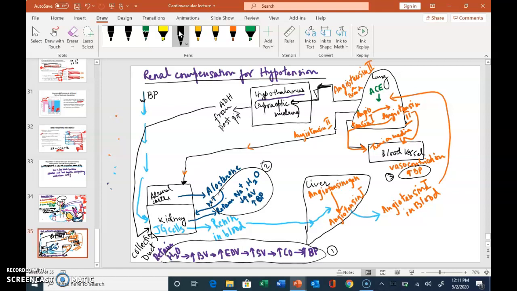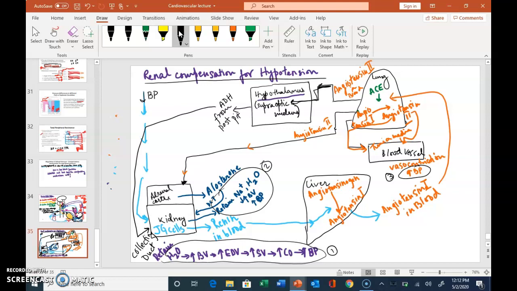Angiotensin 2 first works on the hypothalamus, specifically the supraoptic nucleus, and that causes the posterior pituitary to release antidiuretic hormone. The antidiuretic hormone, or ADH, specifically works on the collecting ducts of the nephrons and causes water retention in the body.